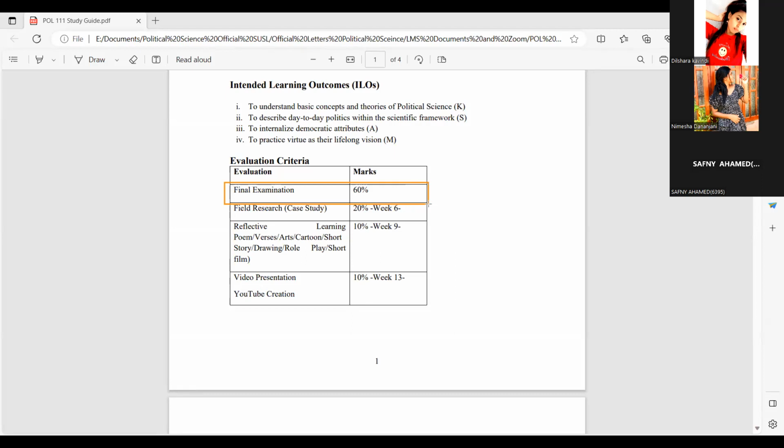By sitting for the written exam, you can earn 60 marks, right? Apart from that, before the end of the semester examination, you can achieve 40 marks out of 100, right? It means you can have a good result before the examination.